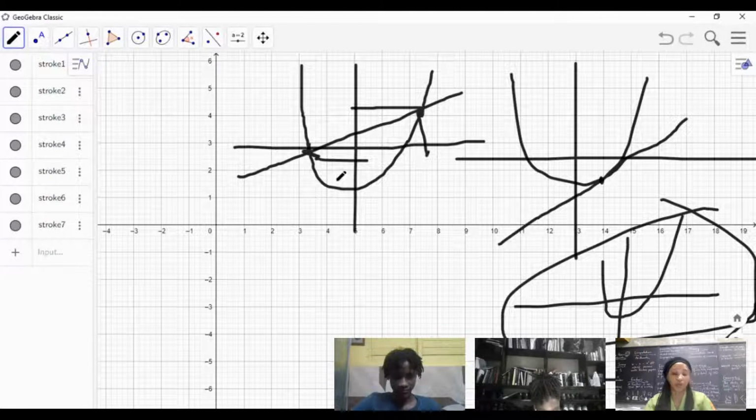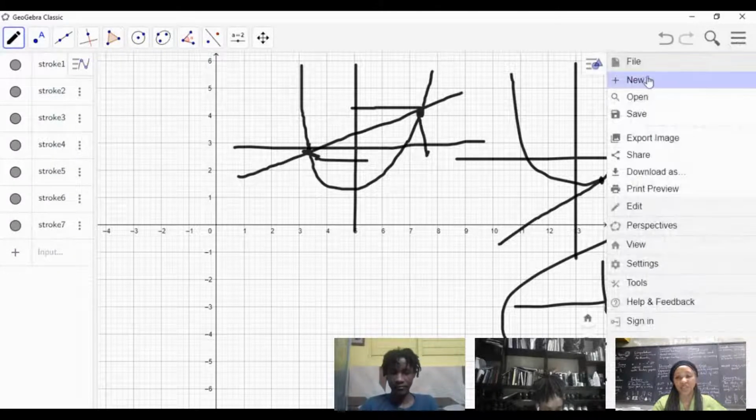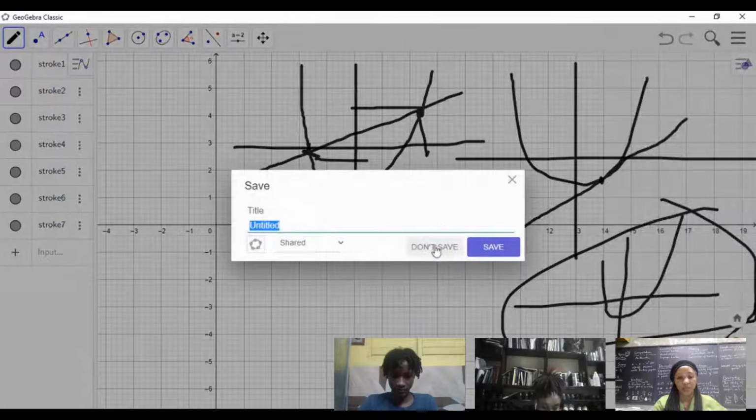So that's what we're doing. We're plotting the quadratic, we're plotting the linear, and we're seeing the points of intersection. We're taking our X and Y readings for both points of intersection, and we're also substituting each pair into both equations just to see if they check out.